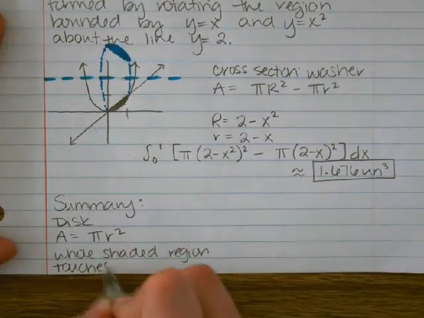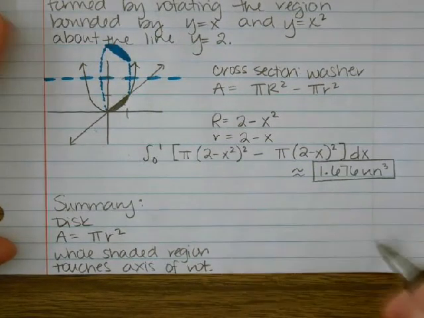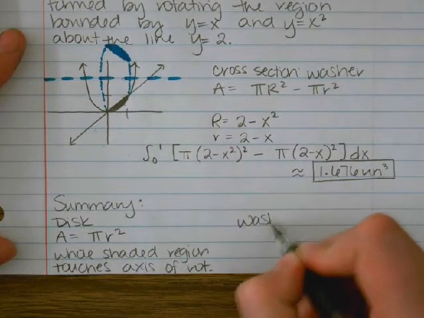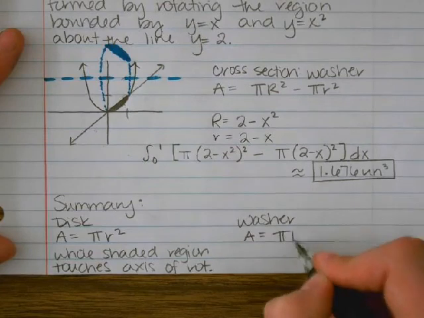With the washer method, our cross-section is going to be a washer.